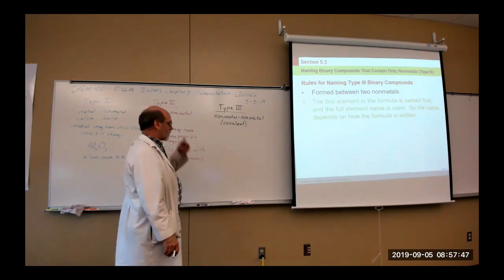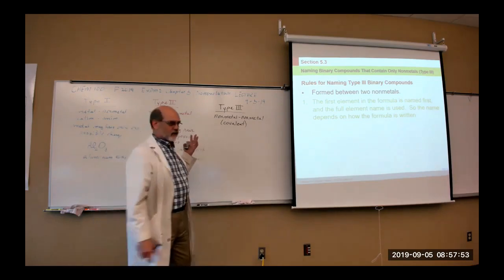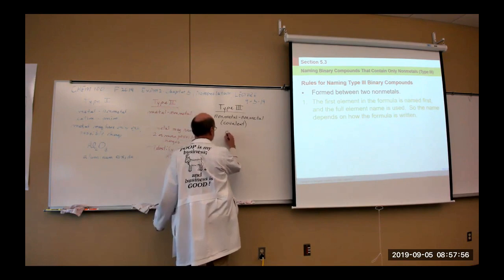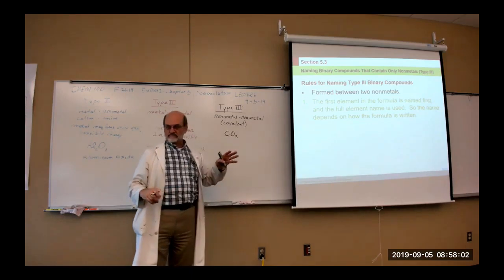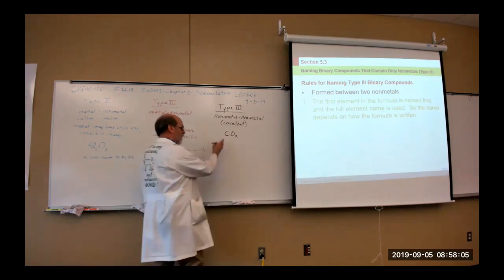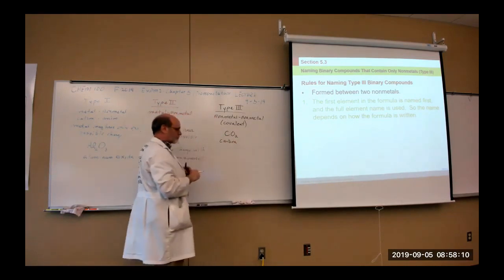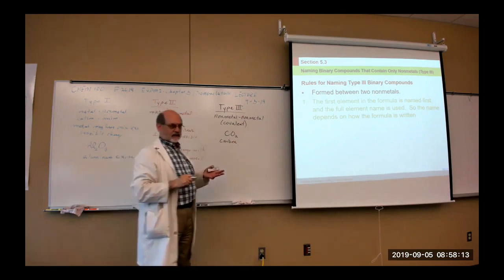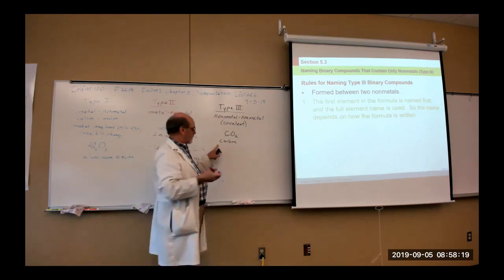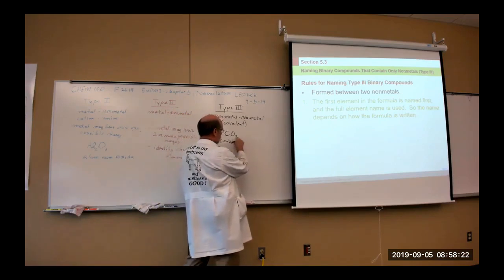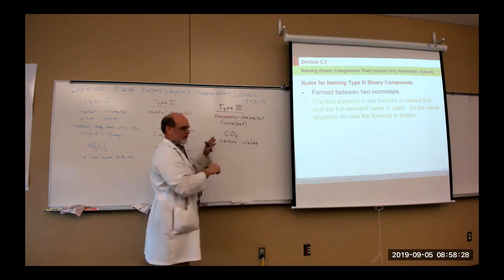So whatever the formula is, we just name it first as if it were a cation. If we have something like this one, you're given that formula, so you have 1 carbon and 2 oxygens together. Carbon comes first, so we just write the name. And oxygen comes second. But since we don't know what the charge is on carbon, oxide is all we get out of the second one.